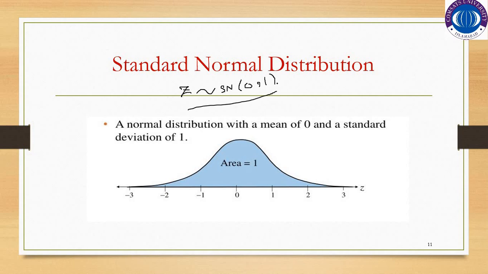So this is the random variable Z, which is following the standard normal distribution. Now you can see here we have the z-score and total area under the curve is 1, the mean of this normal distribution is 0 and the total spread is 1.